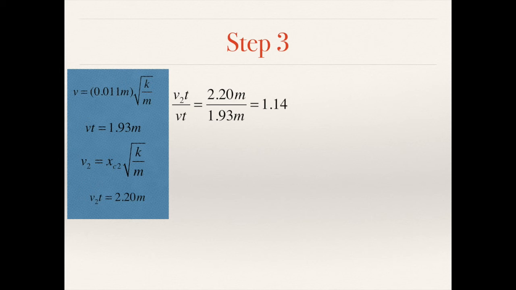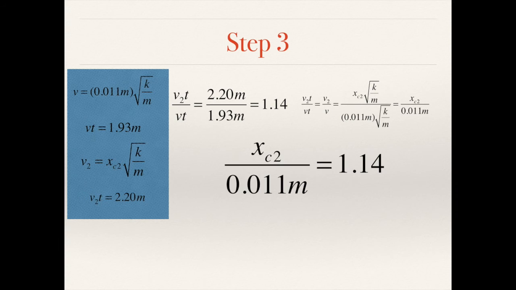So let's divide that again, but this time the t will get cancelled out, which will give us x_c2 times the square root of k over m divided by 0.011 meters times the square root of k over m, which gives us x_c2 over 0.011 meters. Since v2 t over v t equals v2 t over v t, we can say that x_c2 over 0.011 meters equals 1.14.